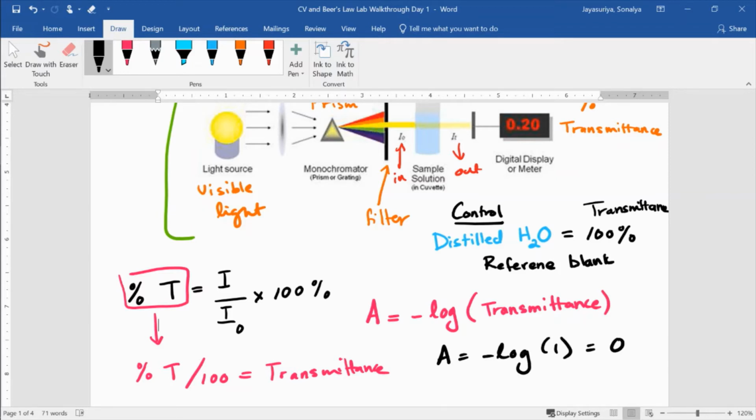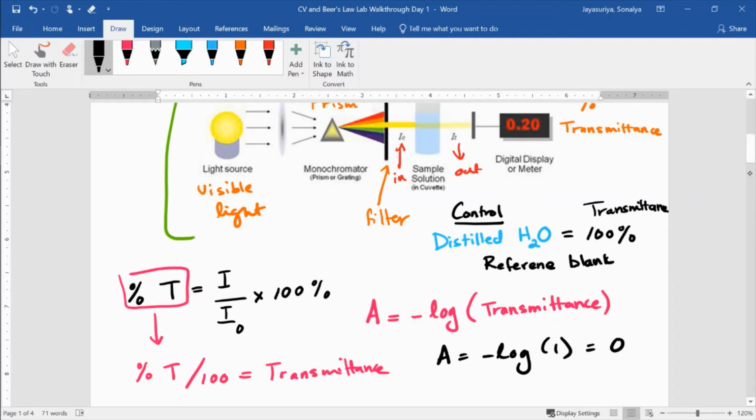So your absorbance is equal to 0 for the distilled water. Okay? So 100% transmittance means there is no absorbance, and therefore there is no light being absorbed by the water. Okay? So A is equal to 0 for your reference blank, which is distilled water.